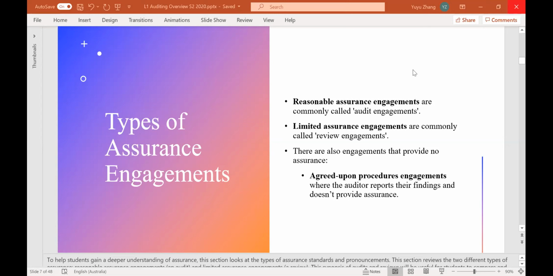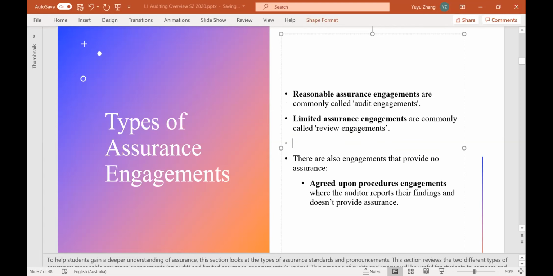One question here is, can auditors provide a low level of assurance? We talked about high level, reasonable level assurance. We talked about limited level, moderate level of assurance. But can auditors provide a low level of assurance?